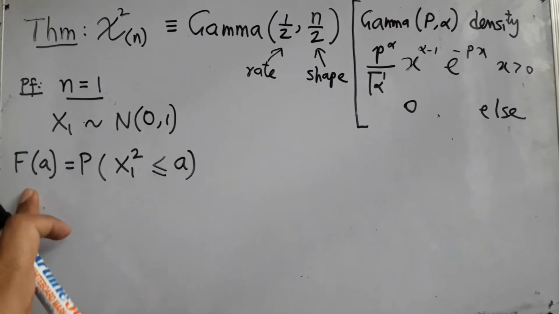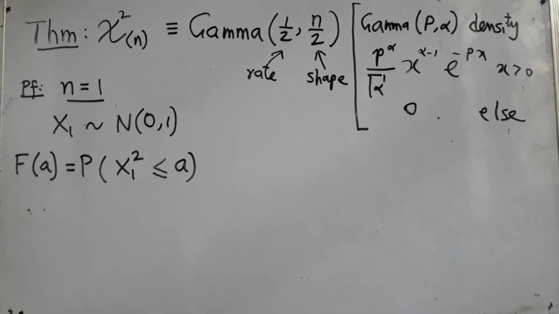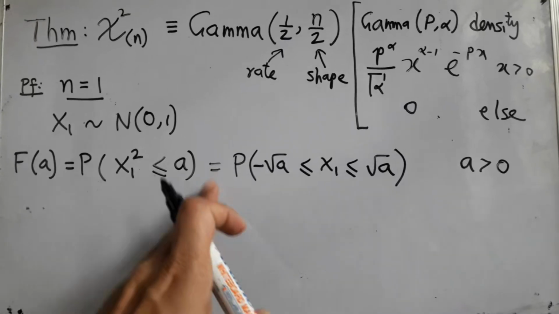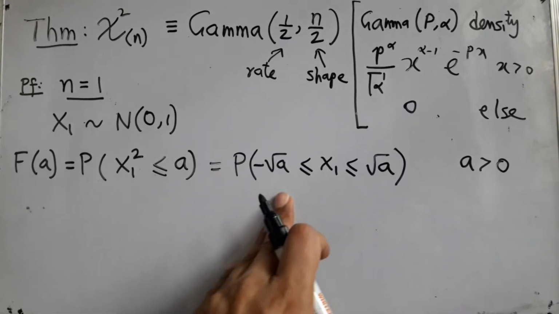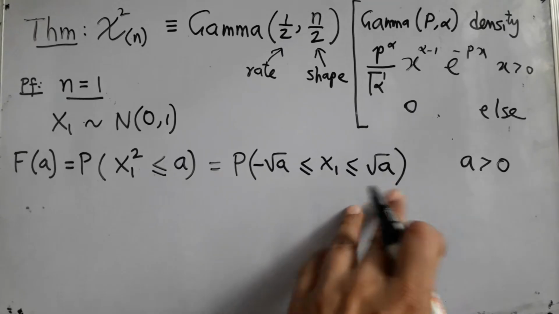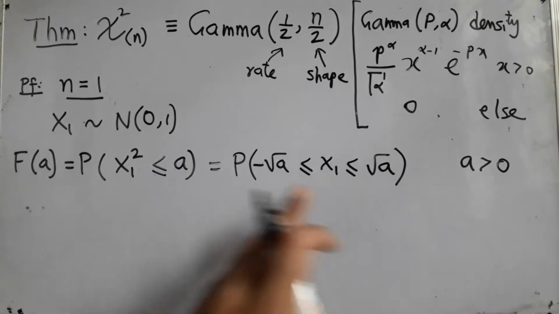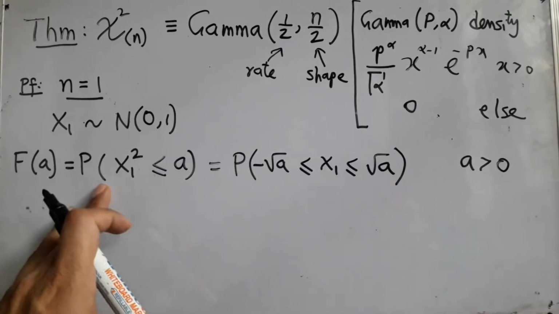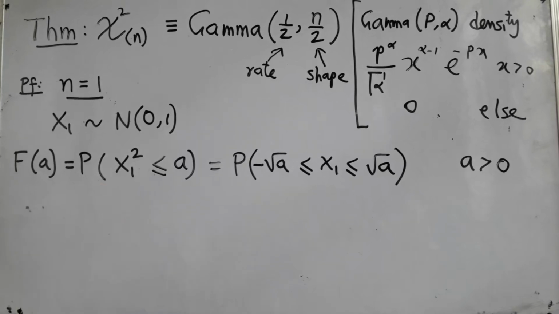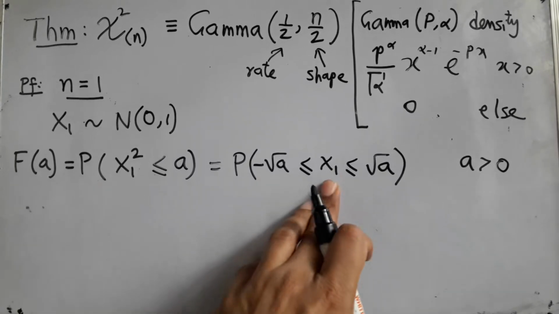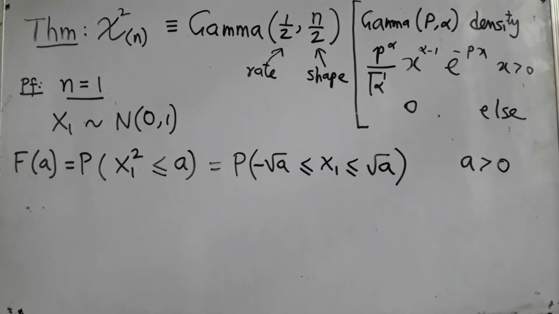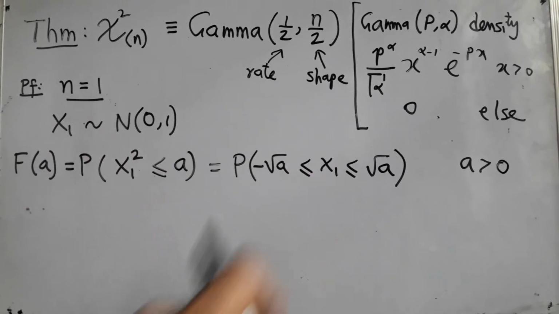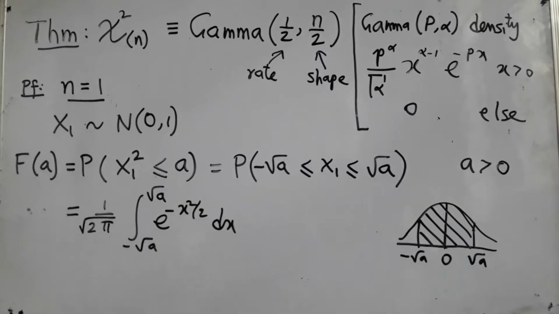So this is the distribution function. Now this is same as probability that x1 lies between minus root a to plus root a. Of course we are working with a positive because if a is negative then this anyway is equal to 0. Now I know that x1 has standard normal distribution, so we know its density, hence this one equals this integral.